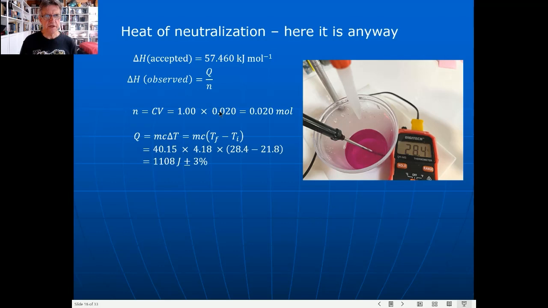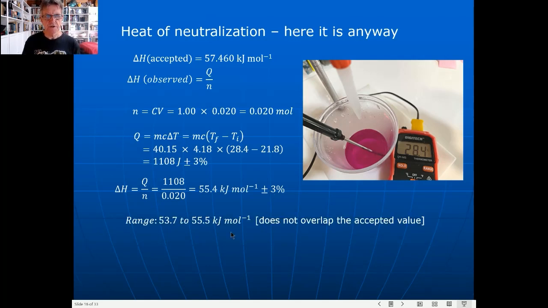Now we have to divide that by n, the number of moles, 0.020, and we get 55.4 kilojoules per mole. Now that's plus or minus 3% because of the uncertainty in all our measurements. So the range would be from 53.7 to 55.5, and it doesn't really overlap with the accepted value.